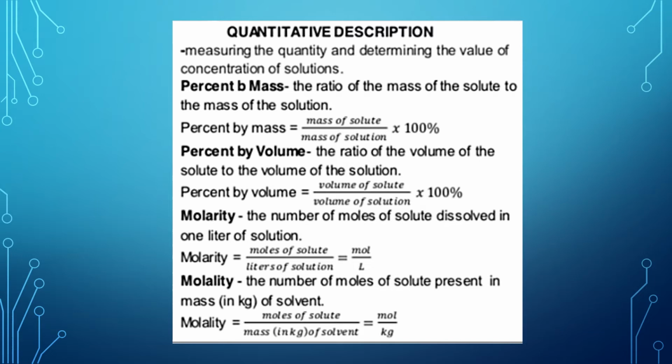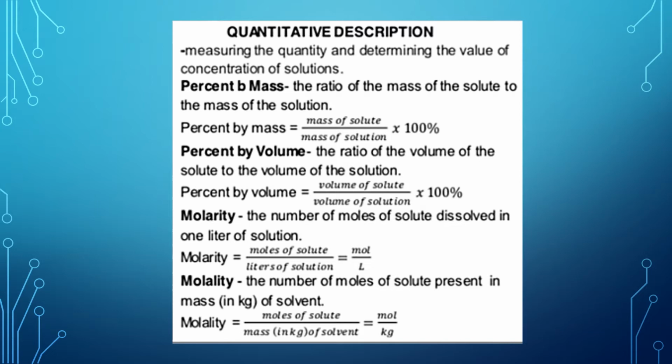While percent by volume, ang ginagamit natin dito na unit is mL or milliliter. So, ganun lang din po yung pag-solve. Volume of solute divided by volume of solution times 100. Okay? And, kailangan po lagi tandaan na 1 gram is equal to 1 mL din.